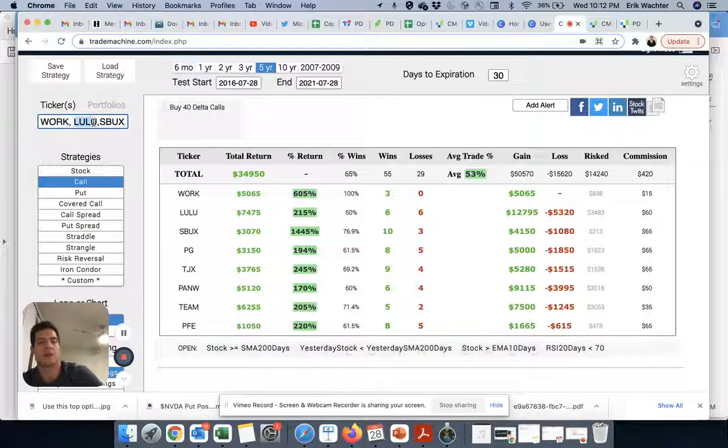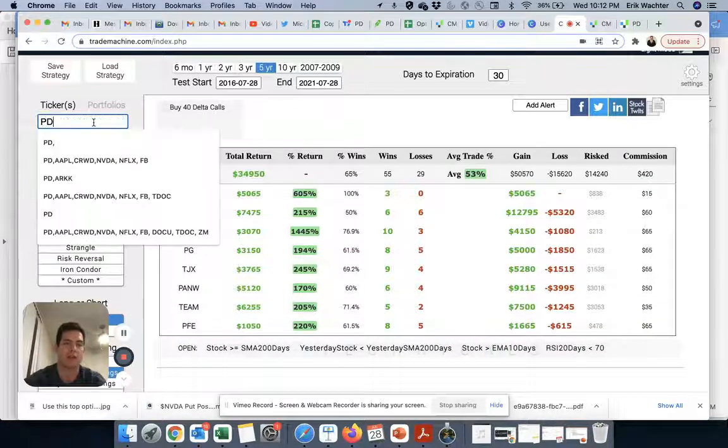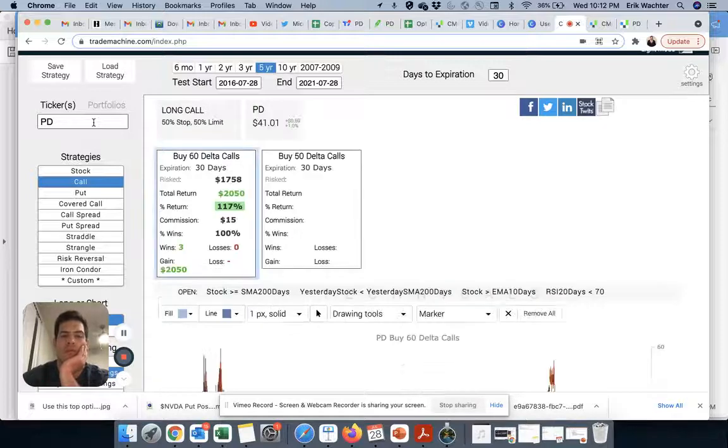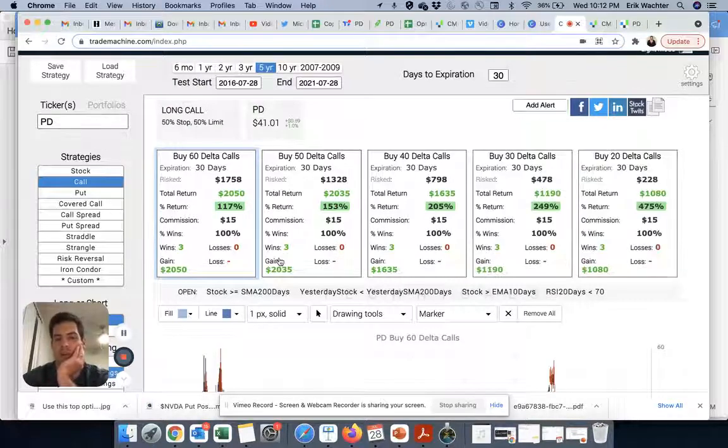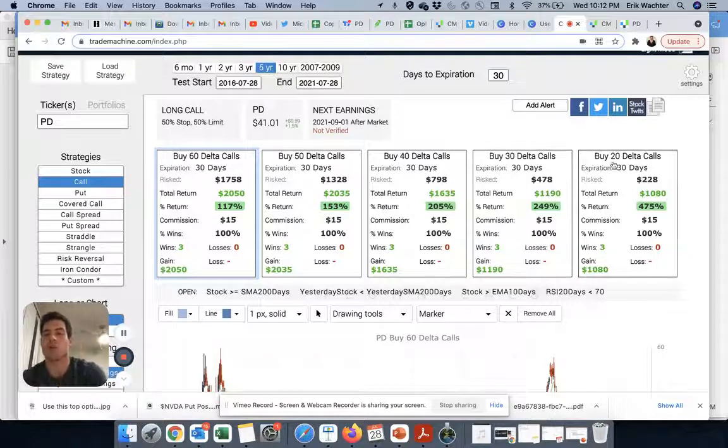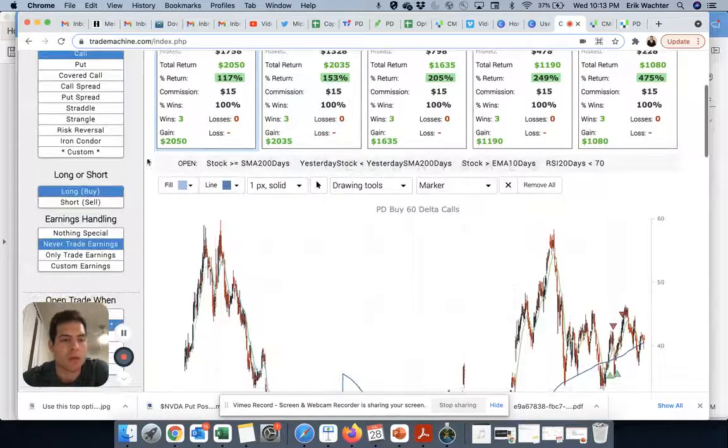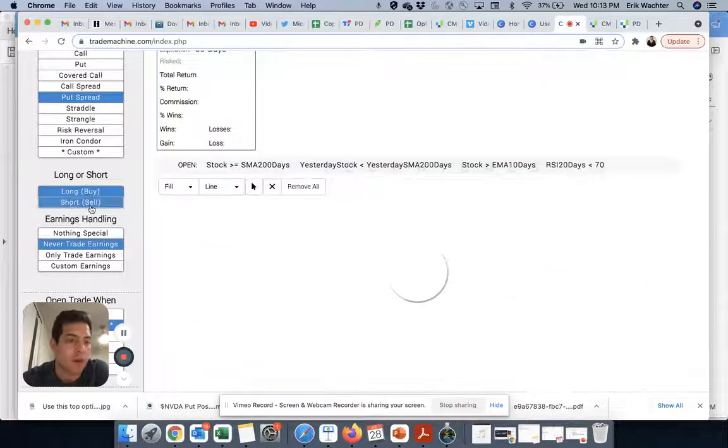So let me enter PagerDuty in here. Okay. So if you were just to buy straight up calls, here's the backtest history. And you can see that 20 delta calls were historically really profitable. But there are also different strategies you can do. You could do, for example, a put spread.